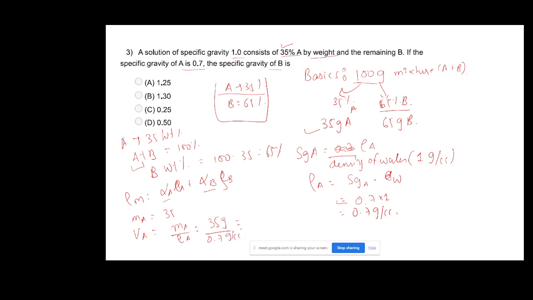Can you calculate and tell me the volume of A in the solution?